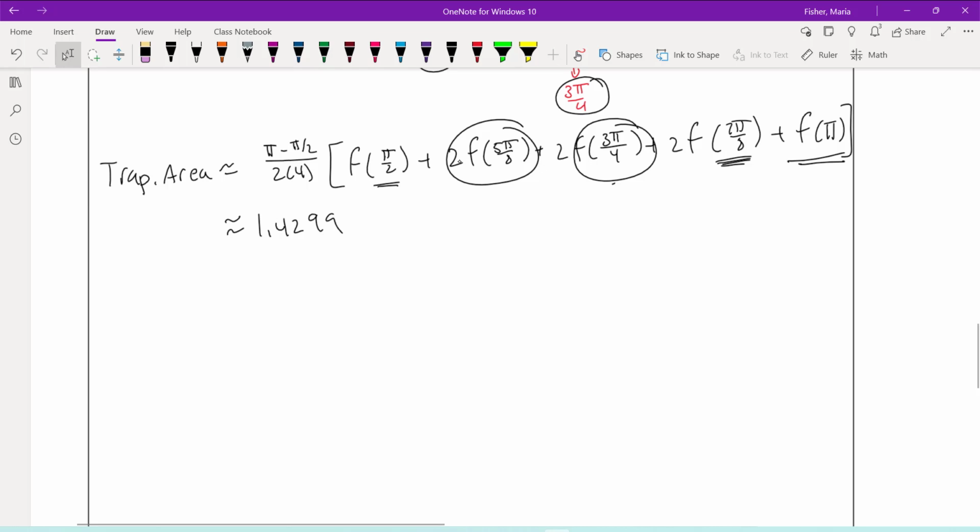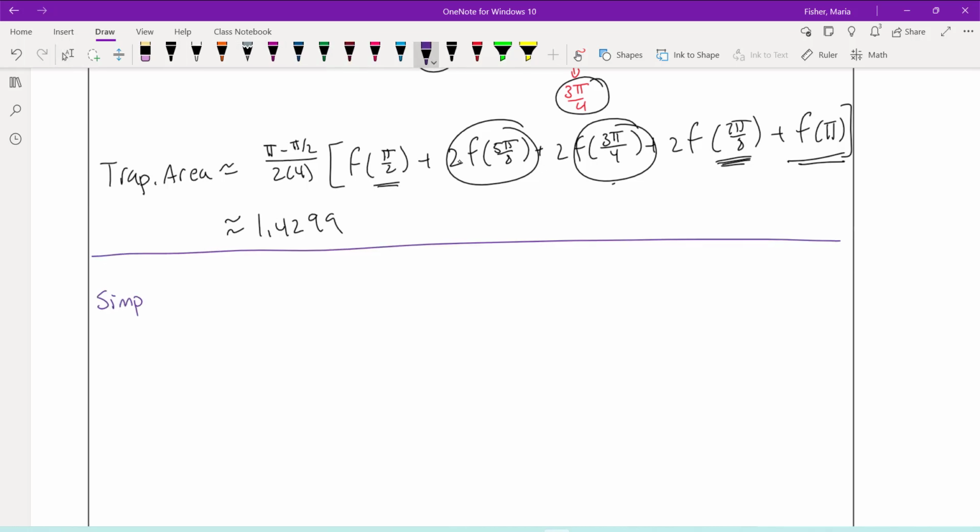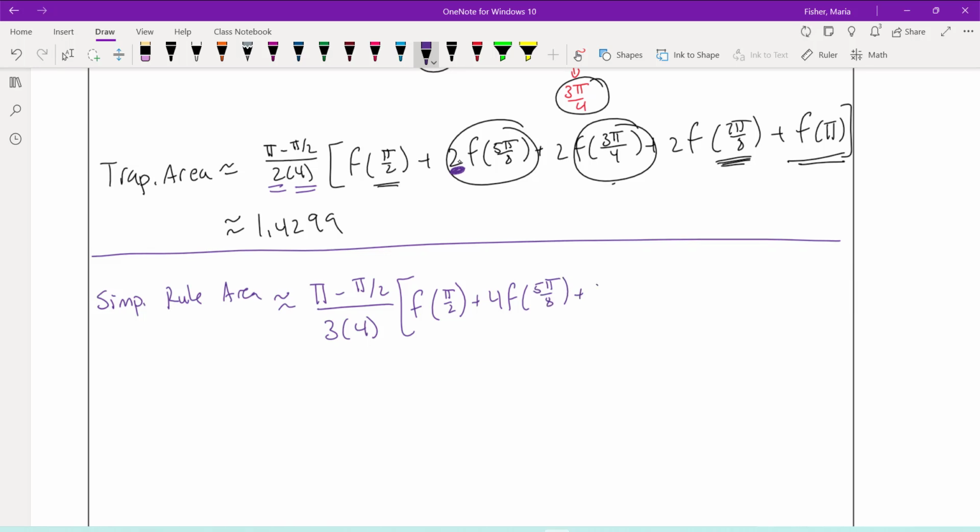What about Simpson's rule? Well, Simpson's rule is very similar. We know that what's going to change is, instead of 2 times 4 or 2n, it's a 3n, so 3 times 4. And then we know that these numbers are going to change from 2 to 4 when we're plugging them into the calculator.